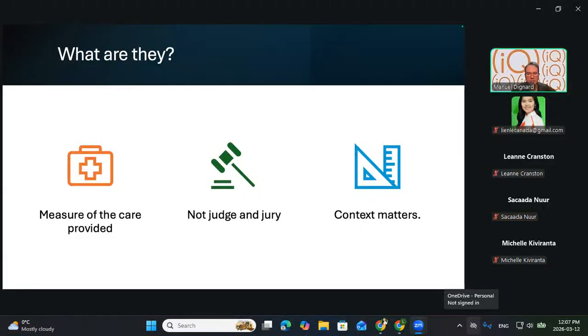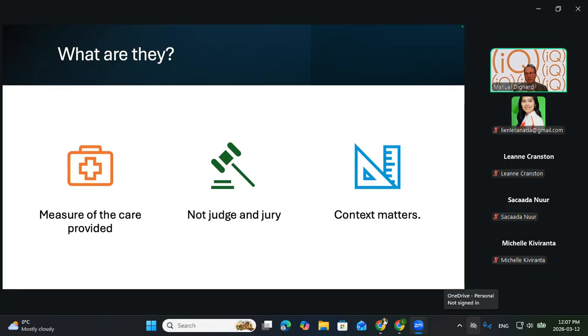So just a few notes as we wrap up. I really want to emphasize that these indicators are a measure of the care provided. They are not a final judgment. They are not meant to be judge and jury on your facility's quality.